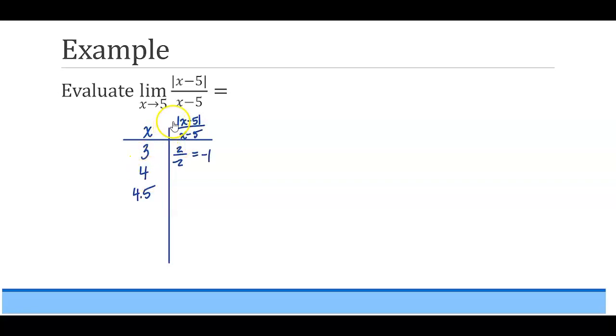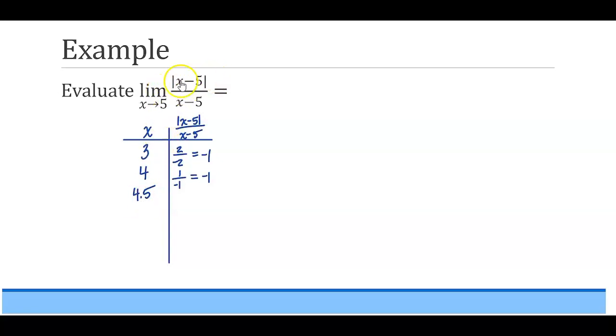If I substitute in 4, the numerator is the absolute value of 4 minus 5. That's the absolute value of negative 1, which is 1. And the bottom is 4 minus 5, so that stays negative 1. So I have 1 over negative 1, so I get negative 1. So hopefully we can start to see a pattern emerge. If I plug in 4.5, I'm still on the left side of 5.